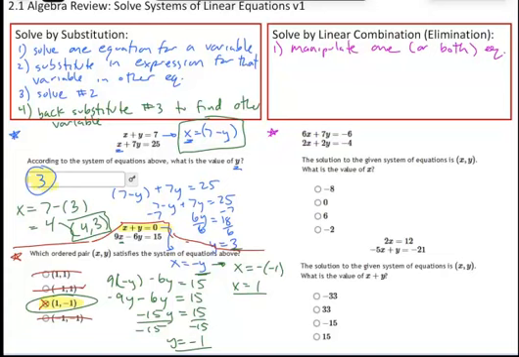So here's what that looks like. Linear combination kind of looks like this. You need to make the coefficient of one variable in one equation the opposite of the coefficient in the other.